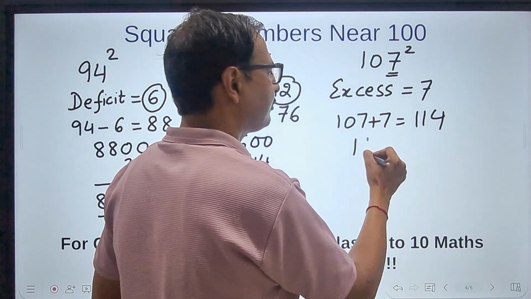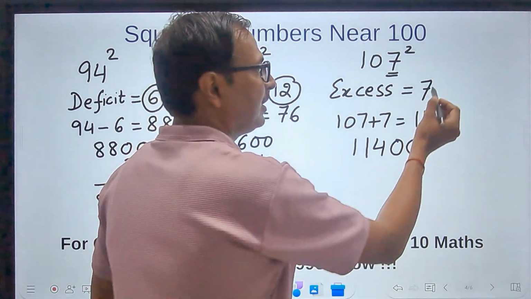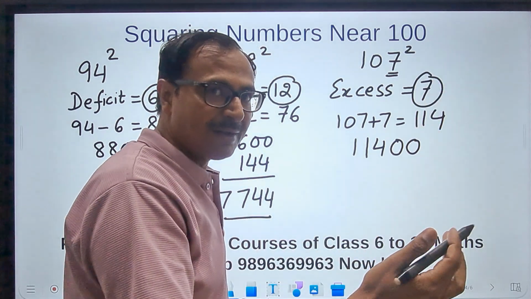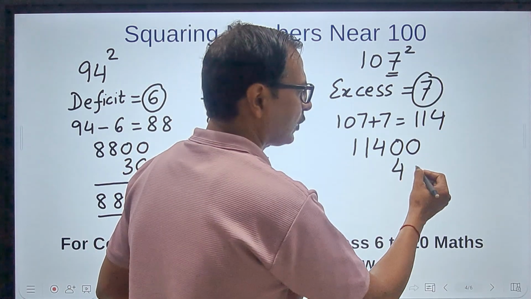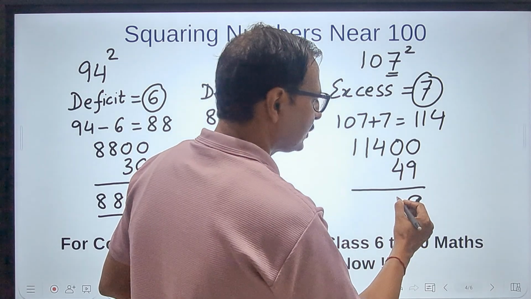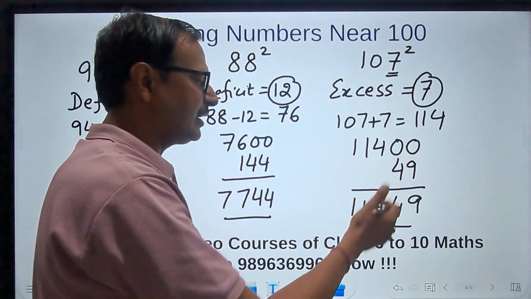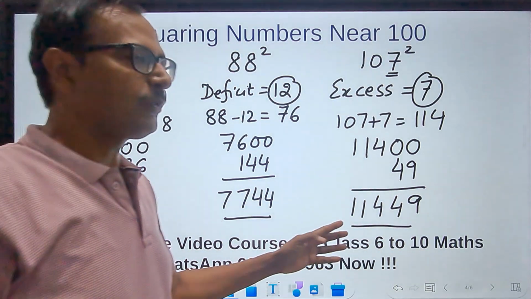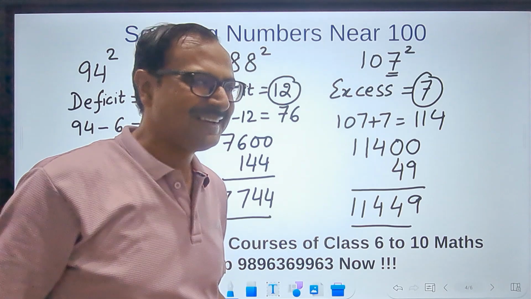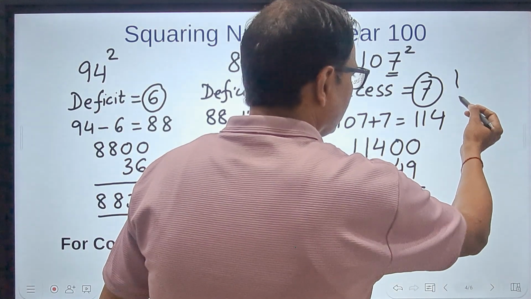And what do I have to do with this? Suffix 2 zeros. And then what is the excess? 7. 7 square gives you 49, which is to be added to 11400 to get you the final answer for the square of 107, that is 11449.